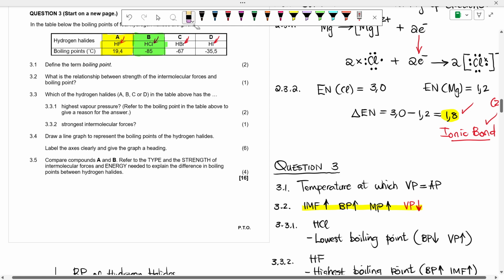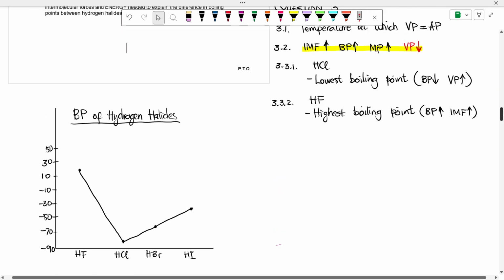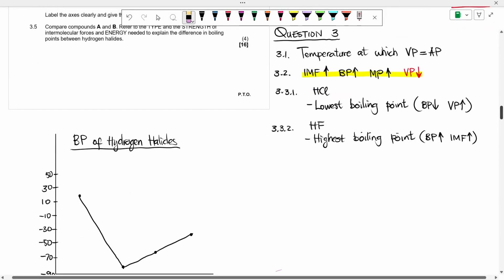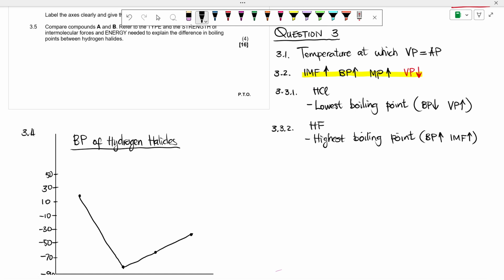So the way you explain this, you're going to say this is 3.4, this is 3.5. Your first one is HF. You specify the intermolecular forces that you have.